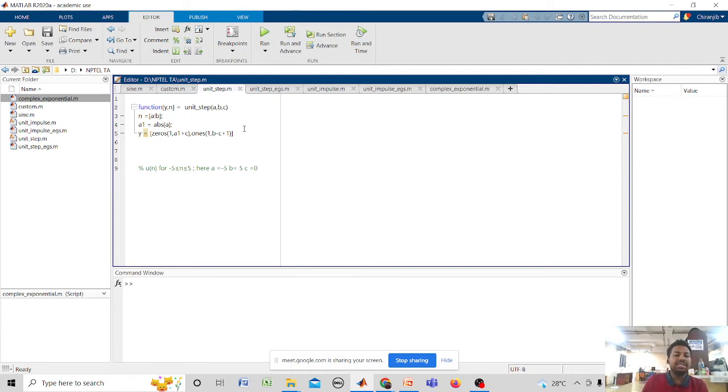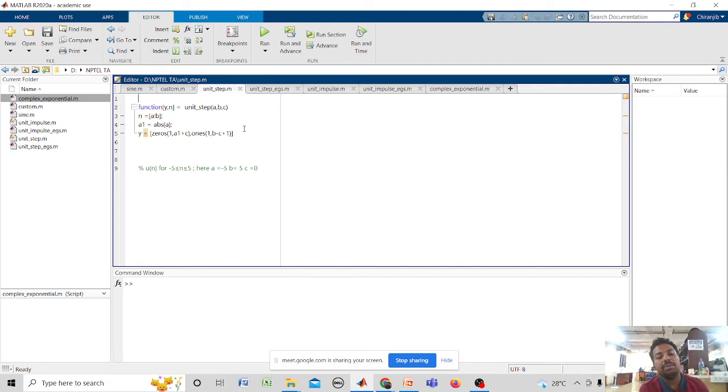This is a custom function that is written in MATLAB, because MATLAB, to the best of my knowledge, doesn't have an inbuilt unit step function. So the function will take three variables, a, b, c.